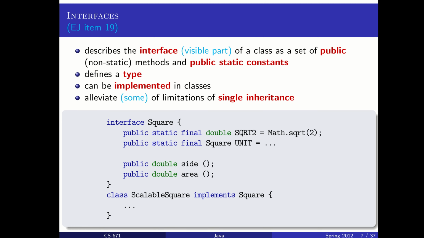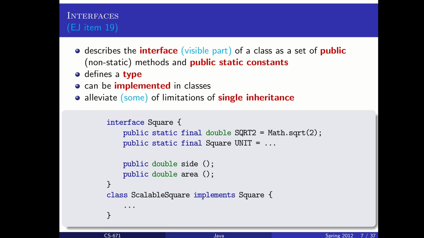One way in Java that we can do inheritance, sort of, is with interfaces. It describes the visible parts of a class, but not the inner workings. So it describes them as a public set of methods and possibly some public static constants.